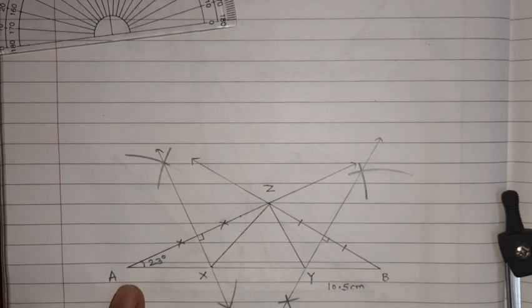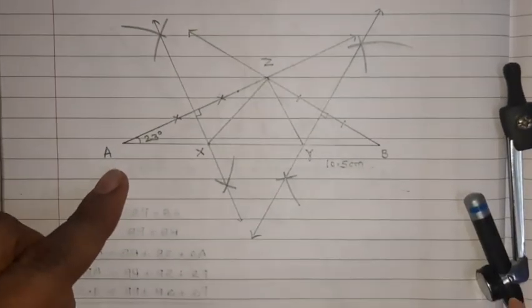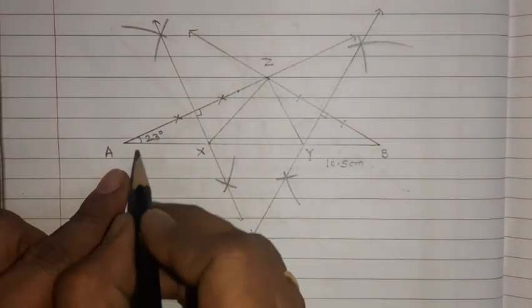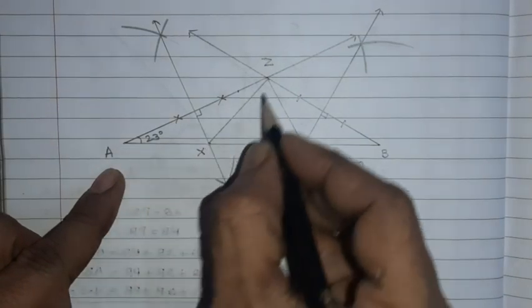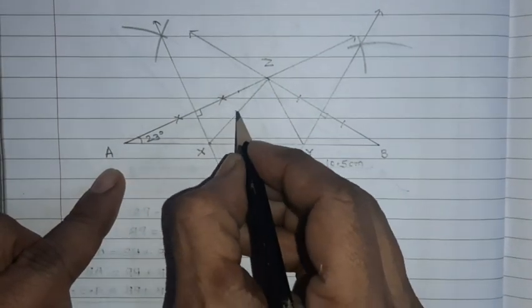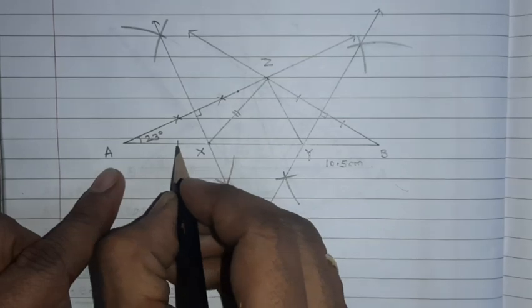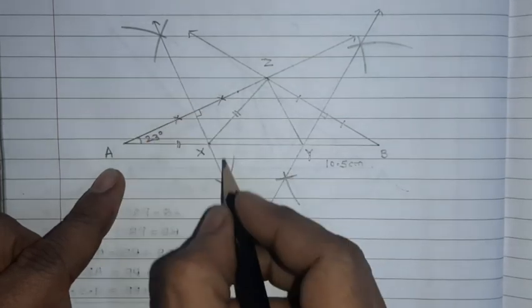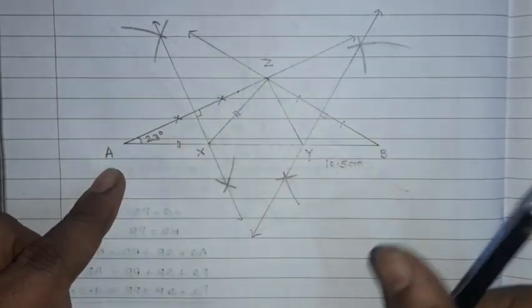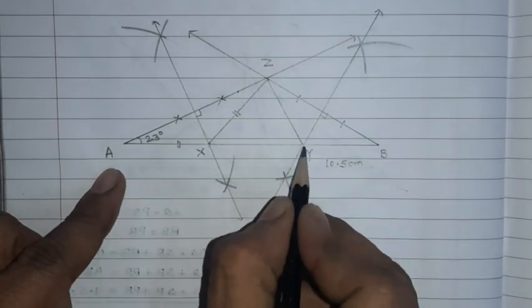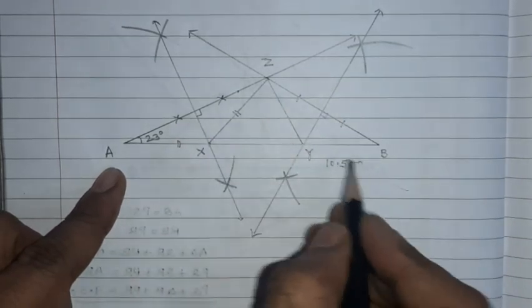Now see here, we have to write the analysis. Analysis is most important. See, AX is congruent with XZ, isn't it? Yes, because point X is on a perpendicular bisector of AZ. Therefore, one more thing, this Y is on a perpendicular bisector of ZB.